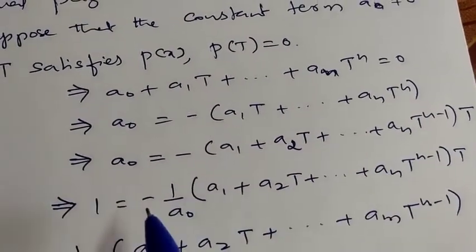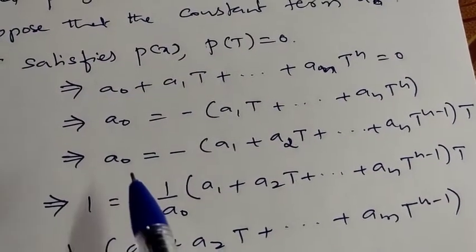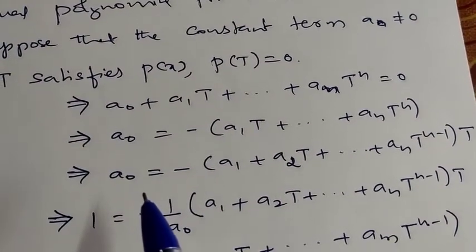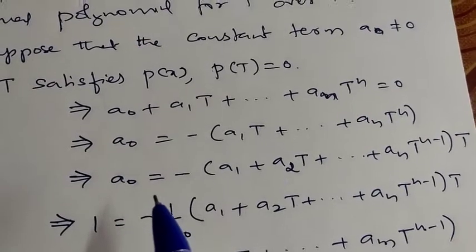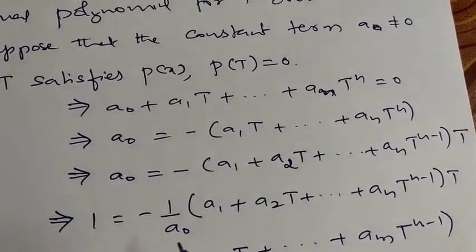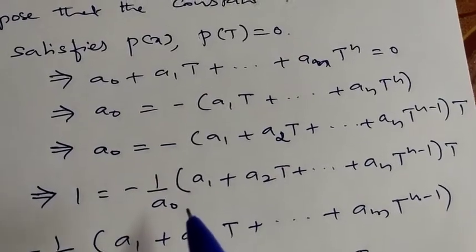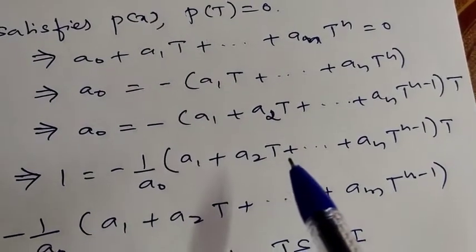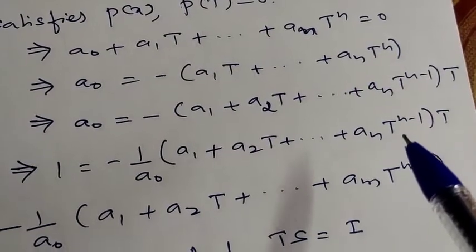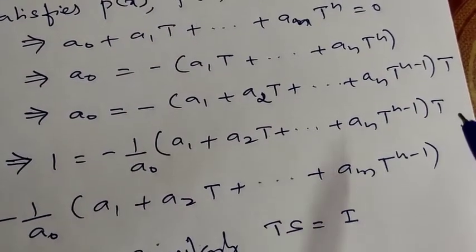Okay, so this implies 1 equals, because a0 is not equal to 0, meaning 1 by a0 exists. If a0 were equal to 0, then 1 by a0 definitely would not exist. So this is equal to minus 1 by a0 into a1 plus a2 T and so on plus an T power n minus 1, into T.